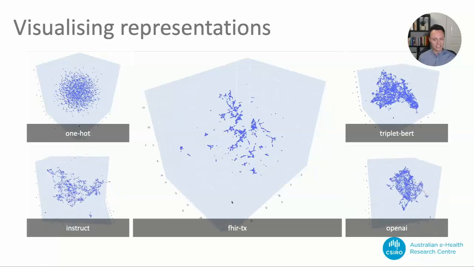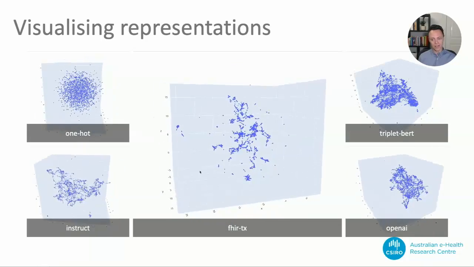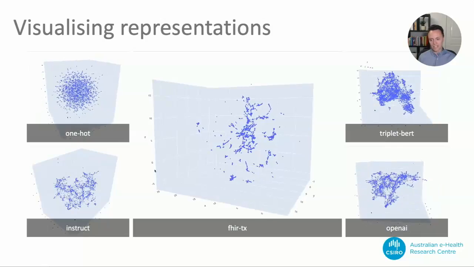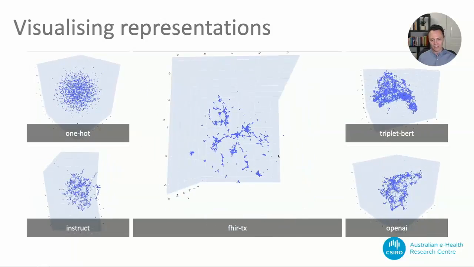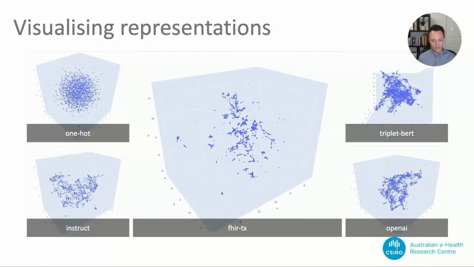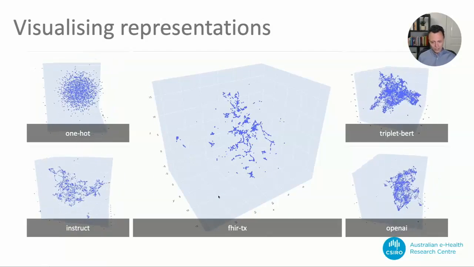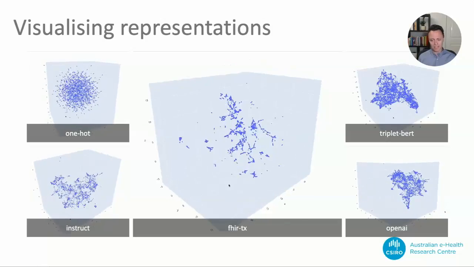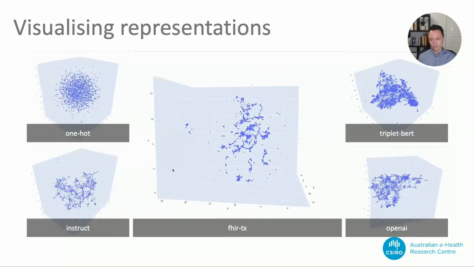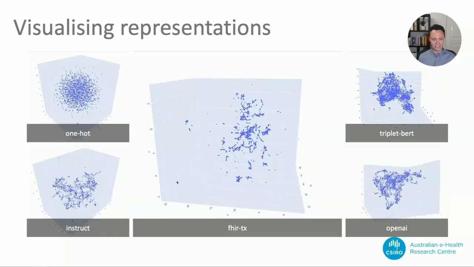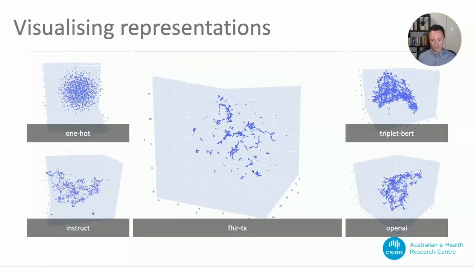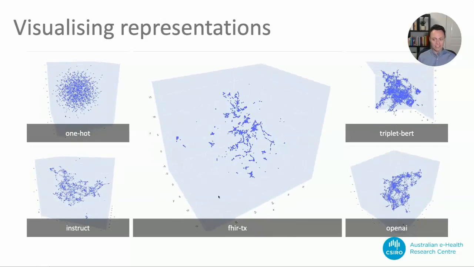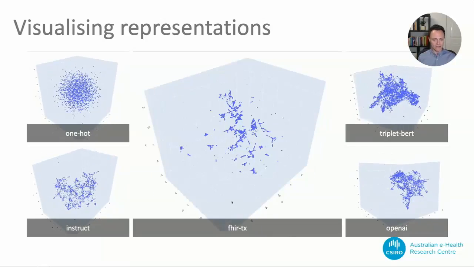As you can see, one hot is just random, while all of the other methods make an effort to group together and minimize the distance between related concepts. The FIRE-TX model groups concepts together unambiguously according to the presence of hard subsumption relationships, while the embedding models seem to have more nuanced relationships that are reminiscent of the natural language that they are derived from.